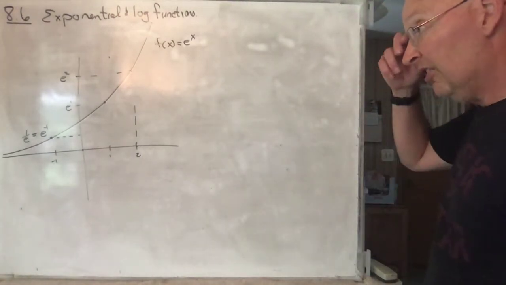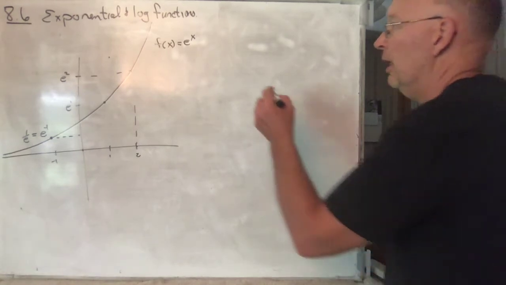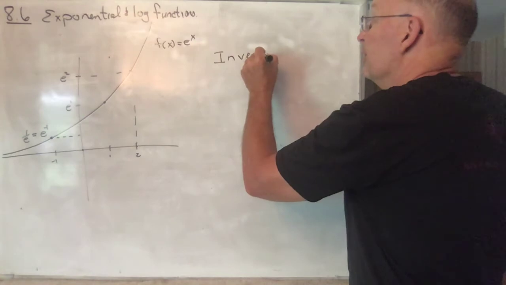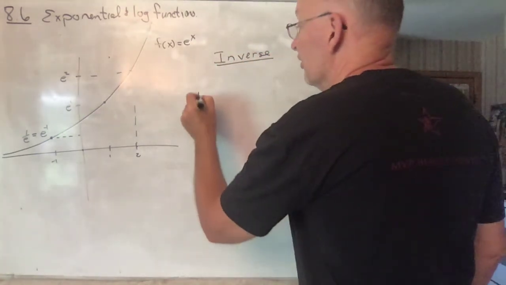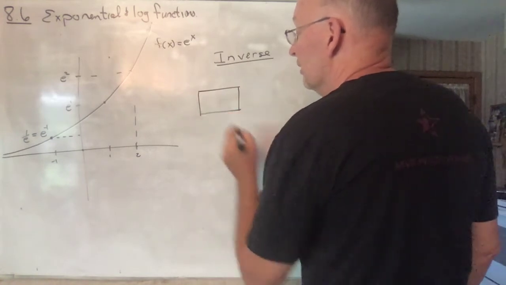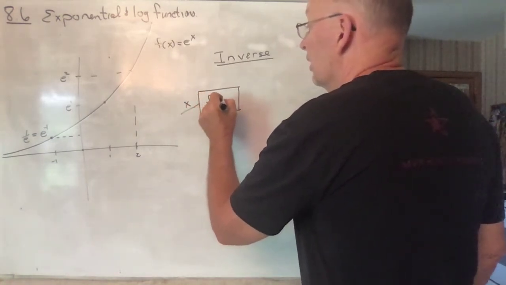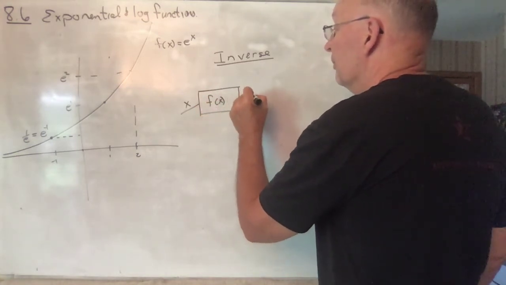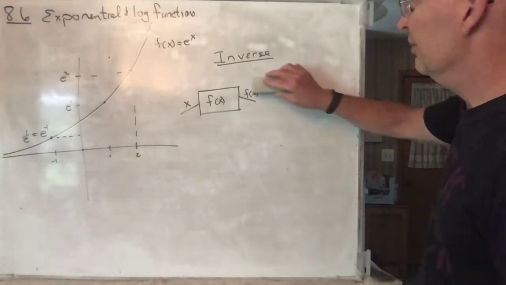Now, certain functions have a very important property. They are said to have an inverse. Here's the idea of an inverse. Remember what a function looks like? I think of it like a machine. You put a number in, the function does something to it, and spits a number out. Here's what the inverse does.